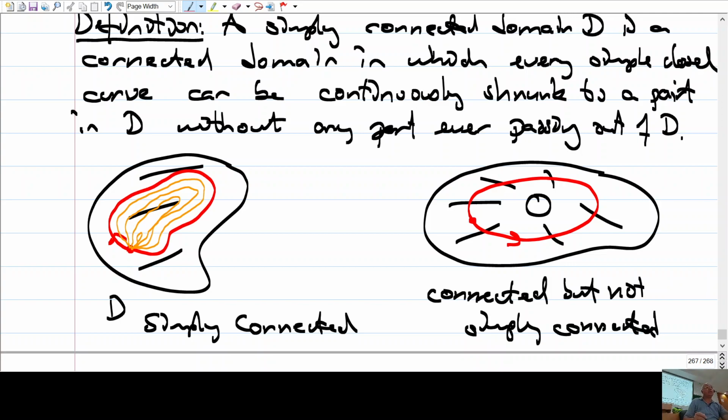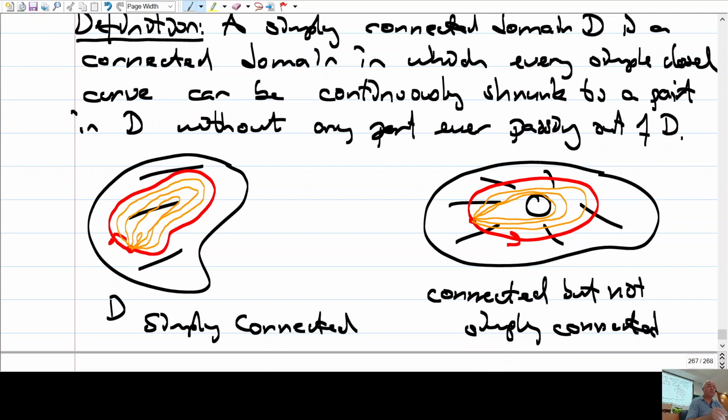You cannot shrink this curve to a point. When you start shrinking this, suppose first you do this and then you take something smaller, but there is a hole in this, so you cannot just pull this curve to this point or any other point.